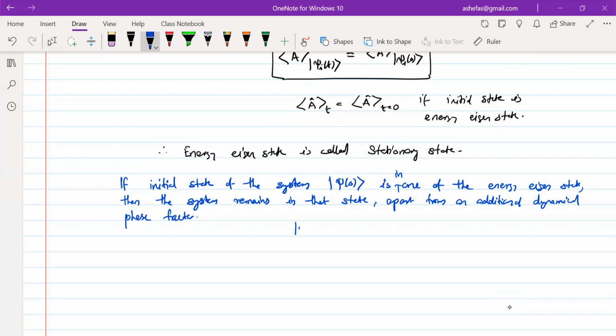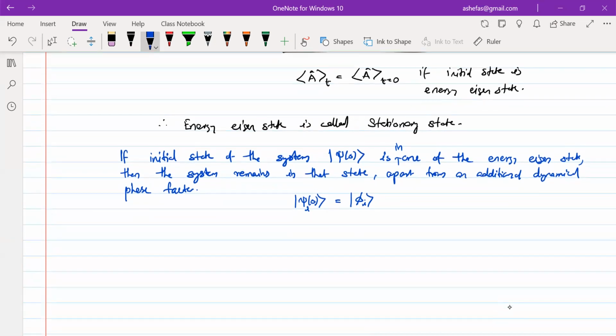Okay, so if psi of 0 is one of the energy eigenstates, better I choose psi i, because there are different energy eigenstates possible: the first energy state, second energy state, and so on. That is why I introduced a subscript i.